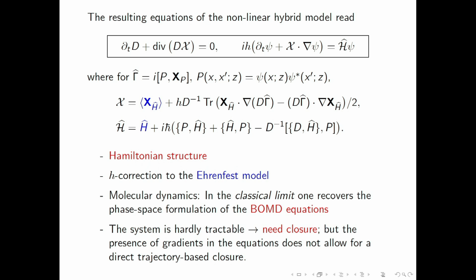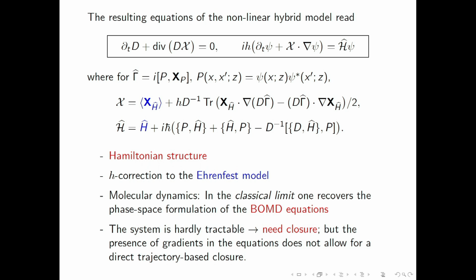And the resulting equations of the nonlinear hybrid model are presented here, and because of the time constraint, I don't want to go too much in detail, but just emphasize a few points. So first of all, this is the nonlinear model where the vector field X and this calligraphic Hamiltonian is given like here. We have an underlying Hamiltonian structure. Secondly, we have an H-bar correction to the Ehrenfest model.